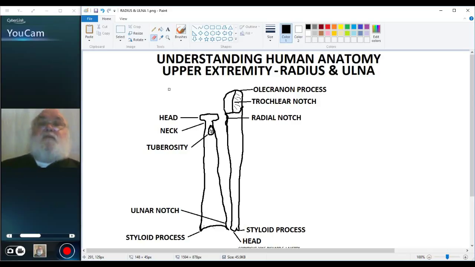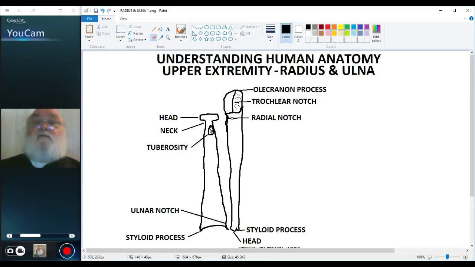Now, the radius and the ulna both articulate with the humerus. The radius with the capitulum of the humerus, and the ulna with the trochlea of the humerus. And these two bones articulate with each other.